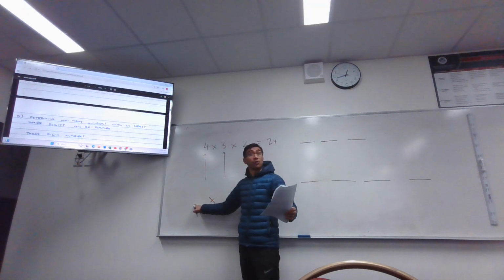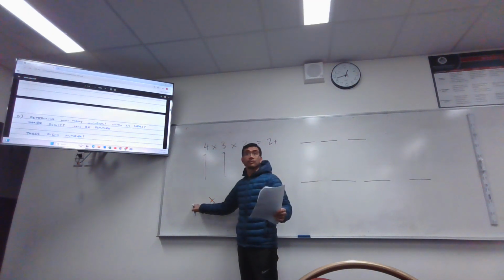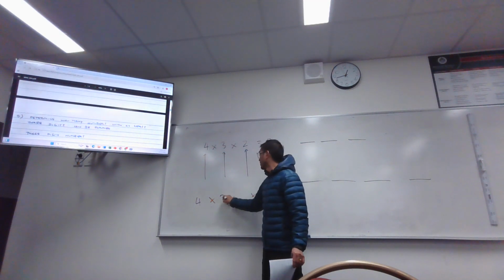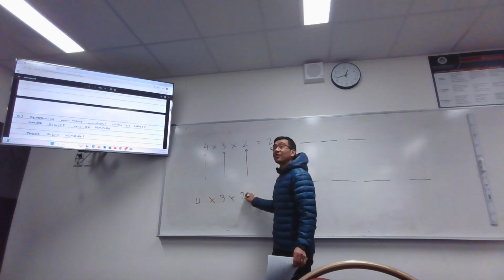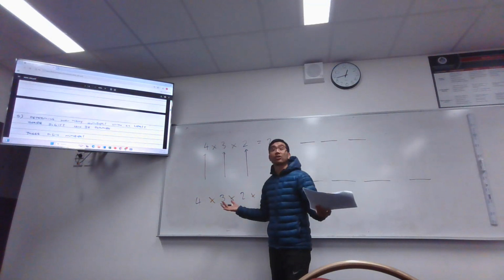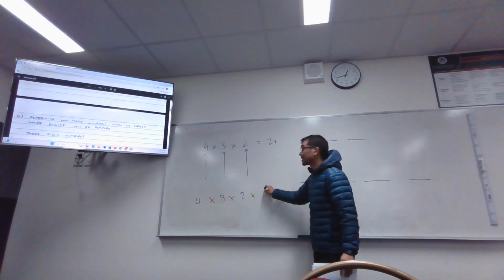If we're counting 4-digit numbers, what's the first multiple? 4. What's the second? 3. And at the very end, how many choices have you got on the 4th number? 1's left over.